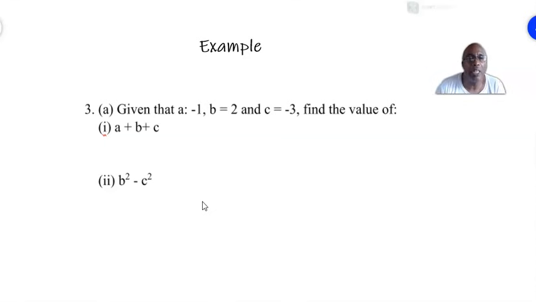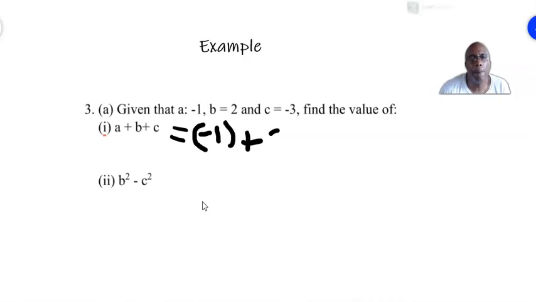Find the value of A plus B plus C. A plus B plus C equals, we substitute for A, negative 1. Let's put it in brackets. Plus B is 2. Plus C is negative 3.